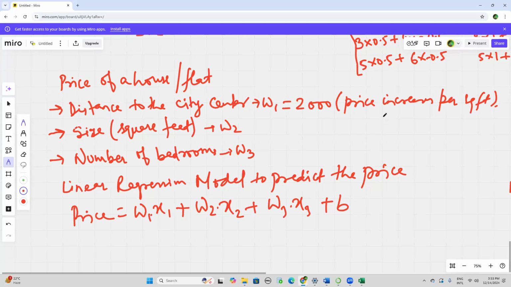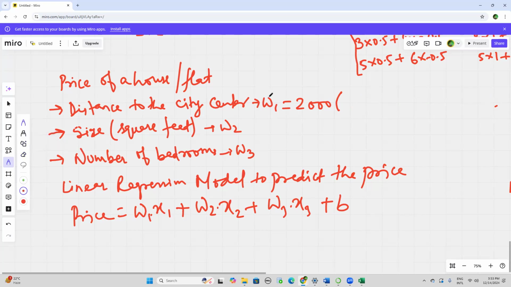Okay, so the weightage W1, it means the price increases by... no, I cannot give per square feet here. This is the distance, so this cannot be per square feet. This has to be kilometer or something.